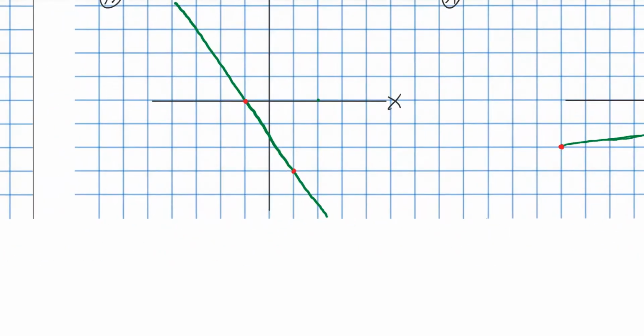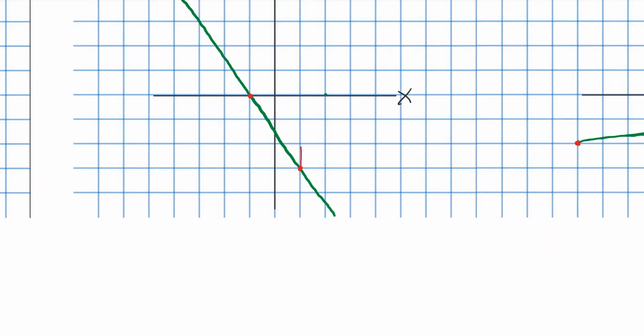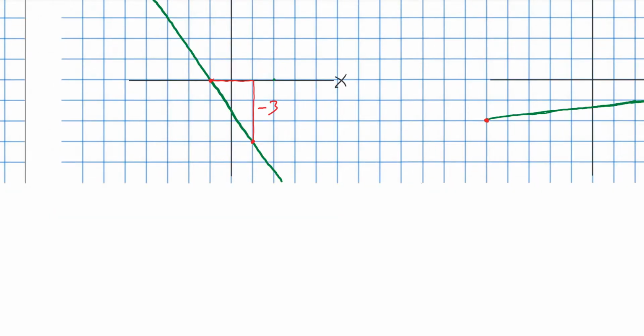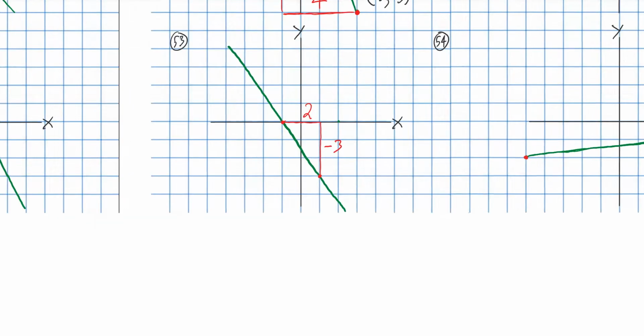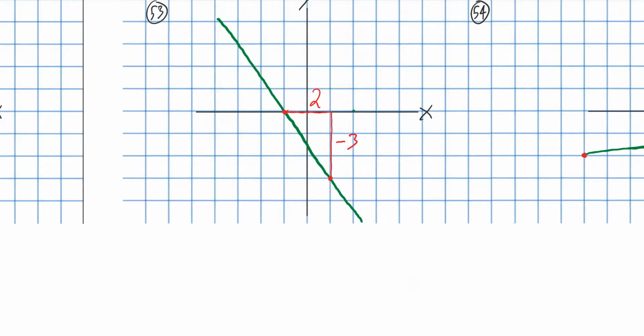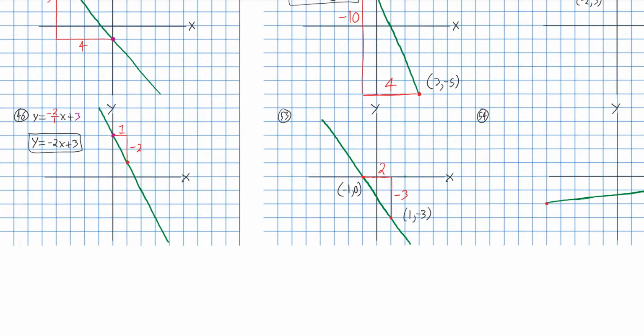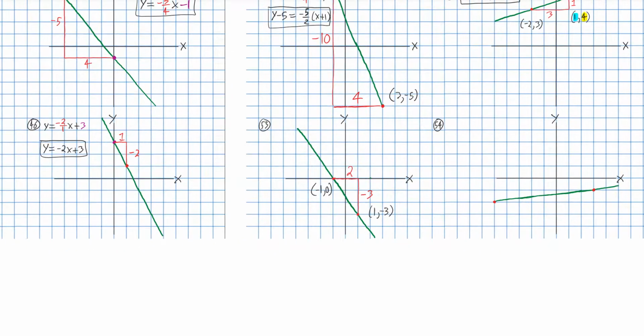All right, we're back. 1, 2, 3, 1, 2. And this point is negative 1, 0. And positive 1, negative 3. So using point slope form again, I'm going to have to write it over here.